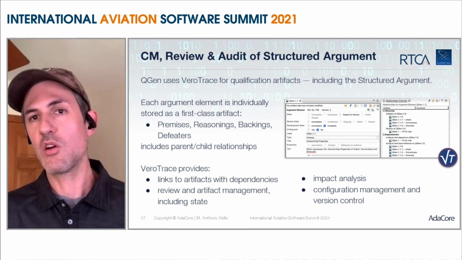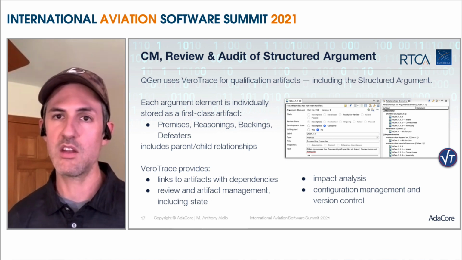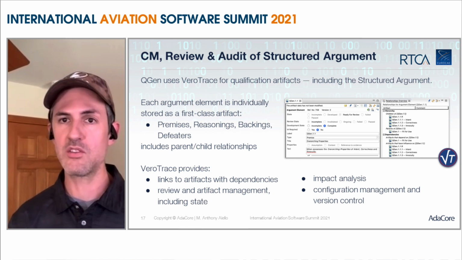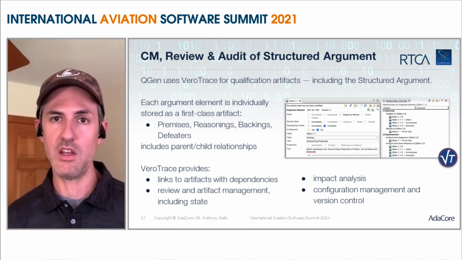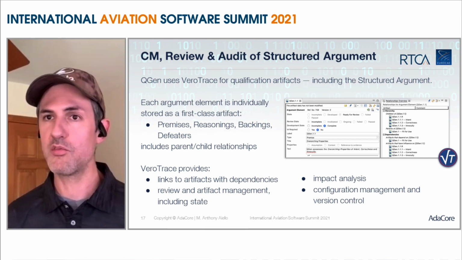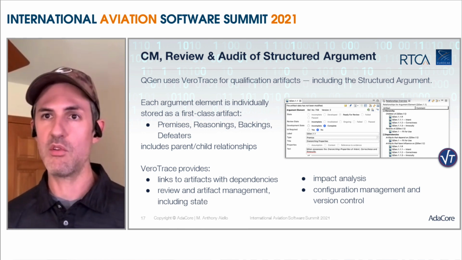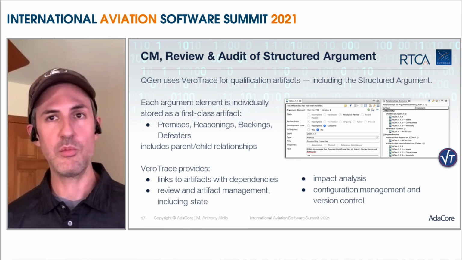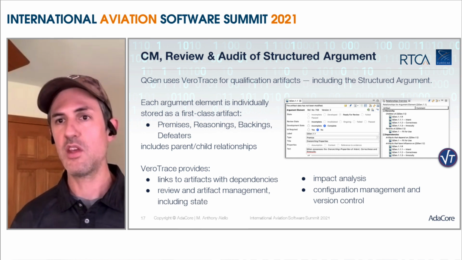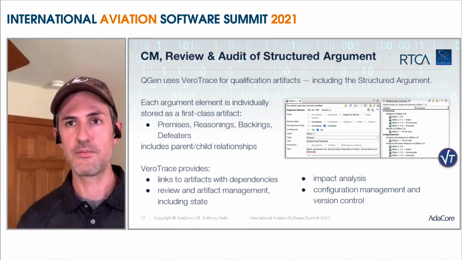This means that if an artifact changes, we can be notified of the change through impact analysis, and we can come back and re-examine that part of the argument to see if it needs to be updated. We can also capture formally the review of the arguments, and we can capture the state of that review in ViewRTO and communicate that with our auditors. Finally, ViewRTO gives us configuration management and version control over the complete argument.